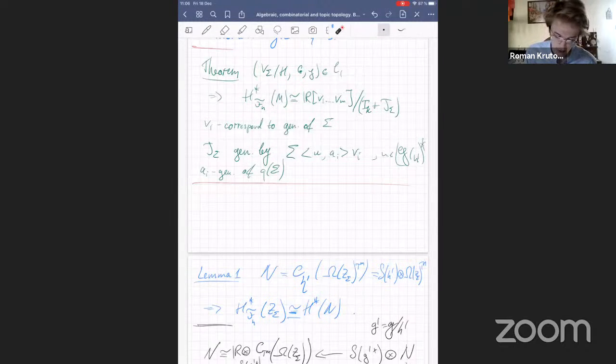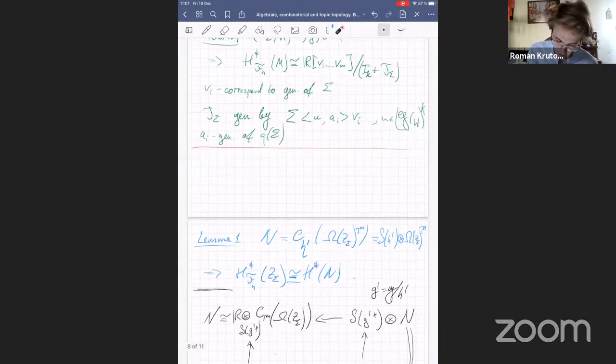Namely, we take the Cartan model of the TM invariant form on the whole moment angle manifold Z sigma, and this algebra looks like the tensor product of polynomials on H prime tensor with TM invariants of Z sigma.